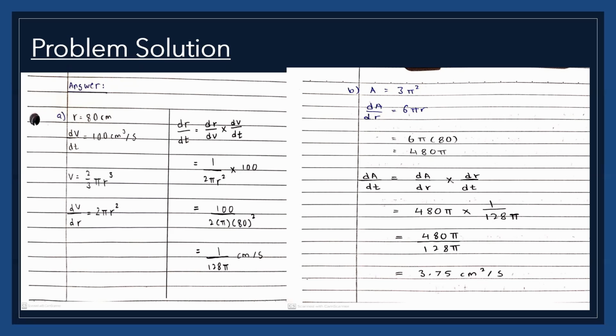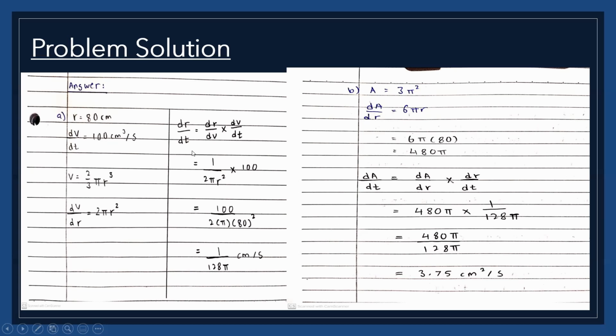Firstly, the radius of the hemisphere is 80 centimeters and the rate of volume is 100 cm³ per second. We know the volume of the hemisphere is 2/3 πr³. So we differentiate the volume with respect to r. That is, we know dV/dr is 2πr².